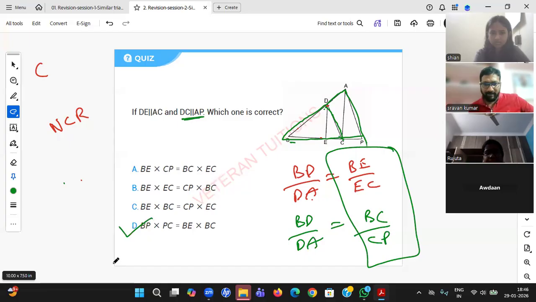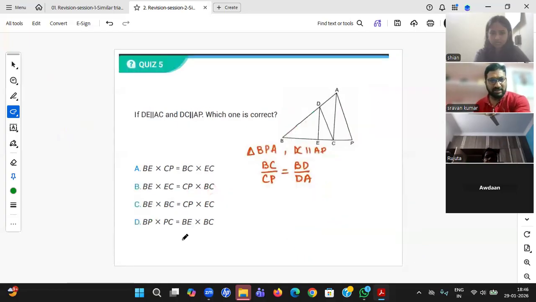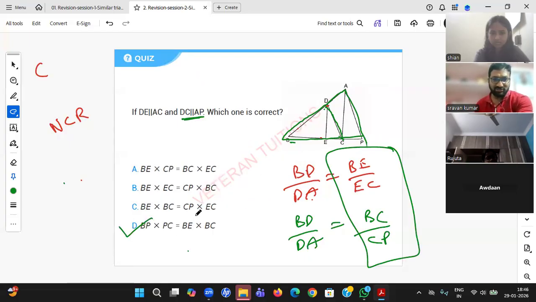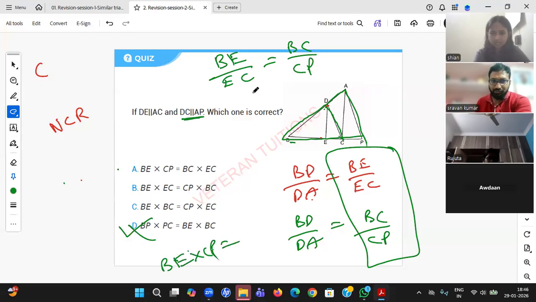A is the answer, sorry. Now B, I'll do it. BE by EC equal to BC by CF. If I cross multiply, BE into CF equal to BC into EC, which is nothing but option number A.